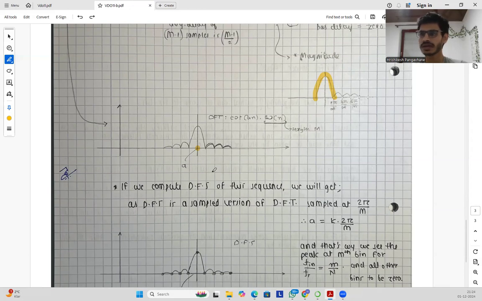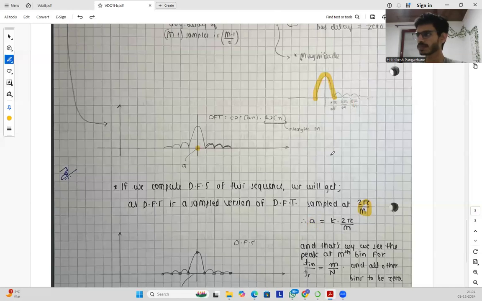We know that the DFS is basically a sampled version of the discrete Fourier transform, which is sampled at 2 pi by m, right? So we have a equals k times 2 pi by m, where k is an integer. So we have 2 pi by m, 4 pi by m, 6 pi by m.